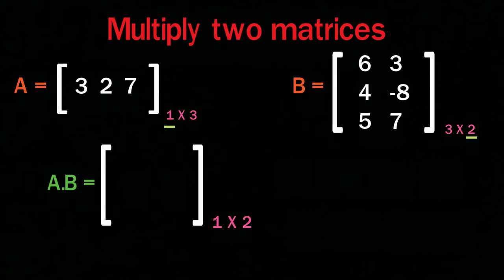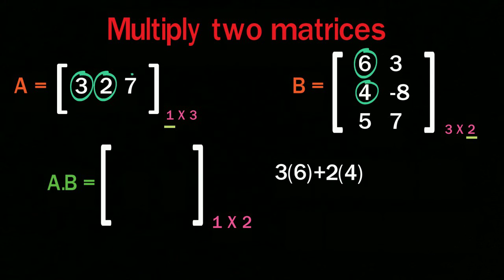So here is how you can do the multiplication. For the first row and first column, which is the first element, we use 3 multiplied with 6, we have 18. 2 multiplied with 4, we have 8. 7 multiplied with 5, we have 35.